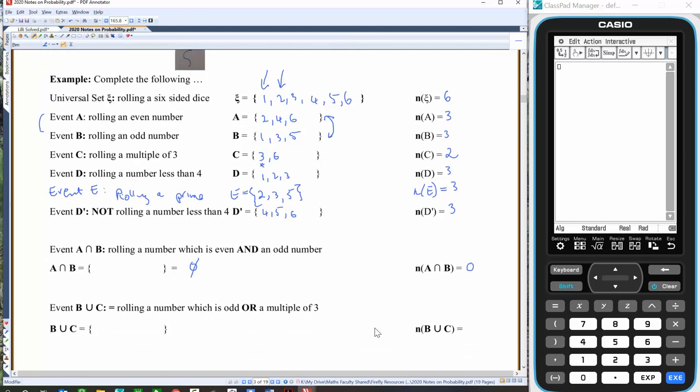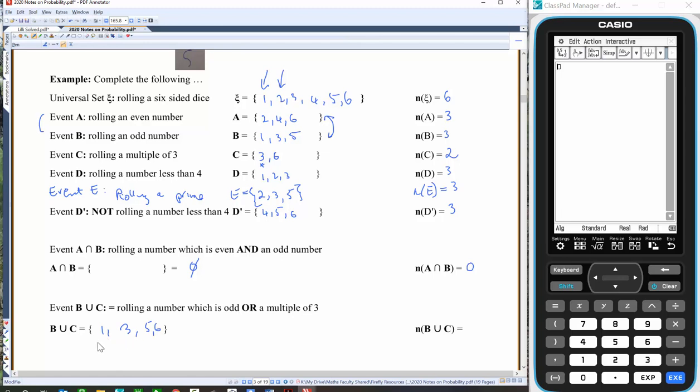Event B union C, rolling a number which is odd or a multiple of 3. So it's either one or the other, but it can be in both sets as well. So let's look at B and C, and we've got 1. We've got 3 in common, so we certainly include that. We've got a 5 and a 6.